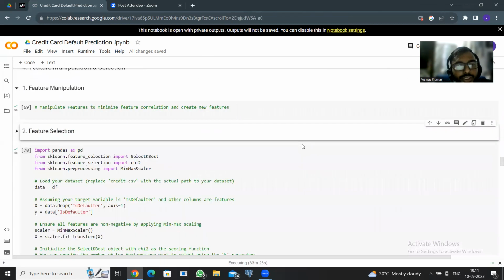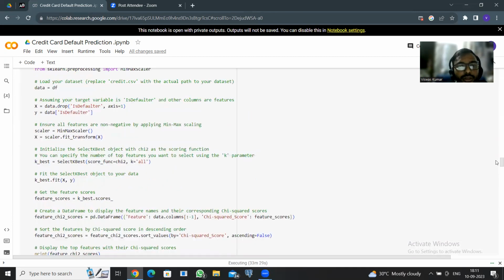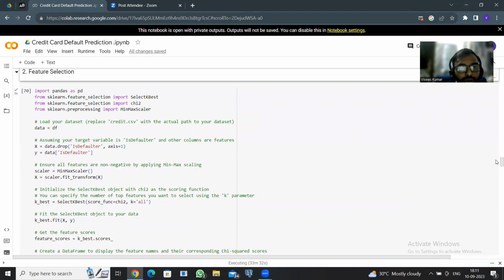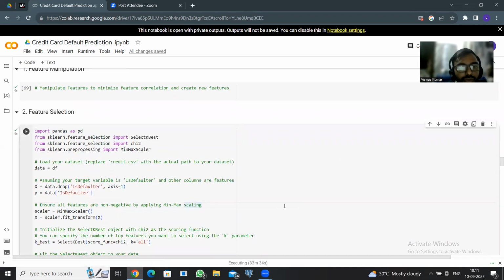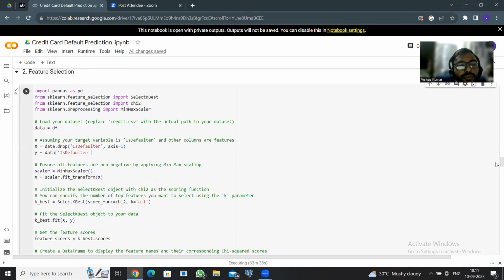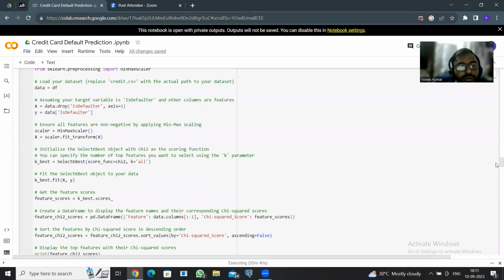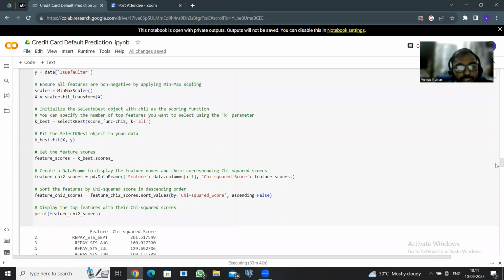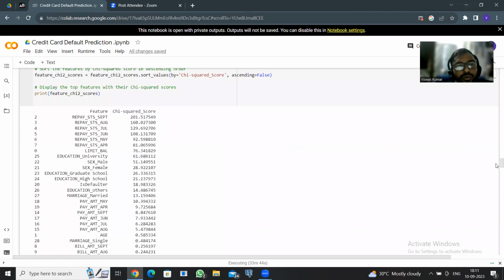Coming to feature selection, which is the most important part of the model implementation or model selection process. Here I chose the chi-square test to find the important features to be selected. By the chi-square test, the feature with the highest chi-square score will be the most reliable feature to predict the dependent variable.